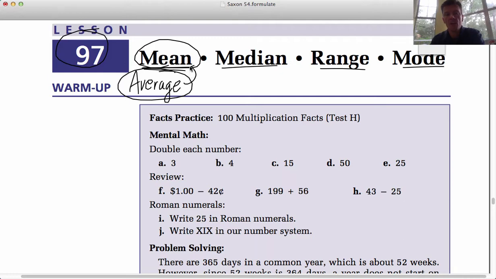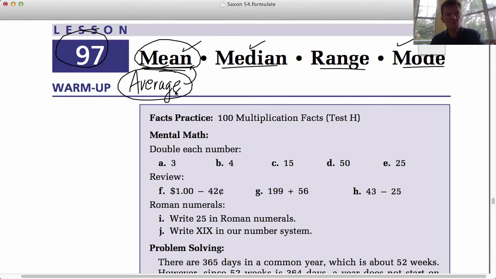By the way, all of these M words, mean, median, and mode, are calculations to help you figure out the central number or the most popular number, or which number is in the middle.